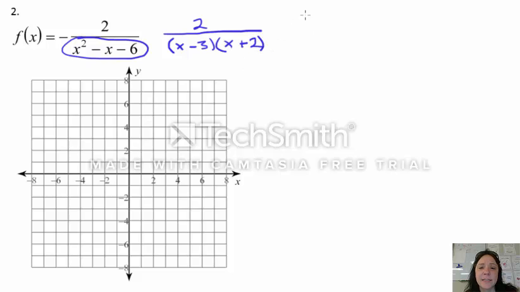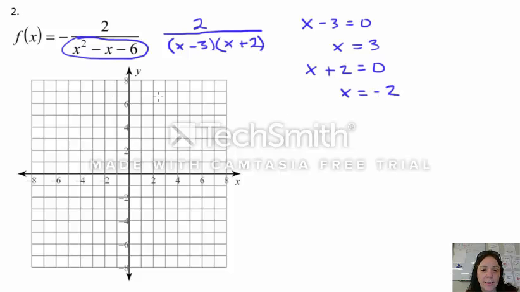Now I can set each of these equal to 0 because if either one is equal to 0, then I will have division by 0 because 0 times anything is 0. So x minus 3 equals 0 gives me x equals 3, and x plus 2 equals 0 gives me x equals -2.